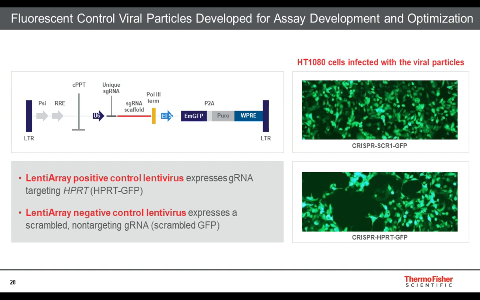One application where we used flow cytometry in developing this was not only for our viral titering, but also to optimize our MOI, which varies greatly between different cell lines and depending on your workflow and what you're trying to do. So here's an example of HT1080 cells infected with viral particles that had GFP in the backbone as well.